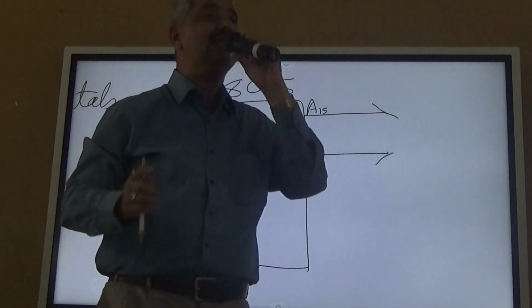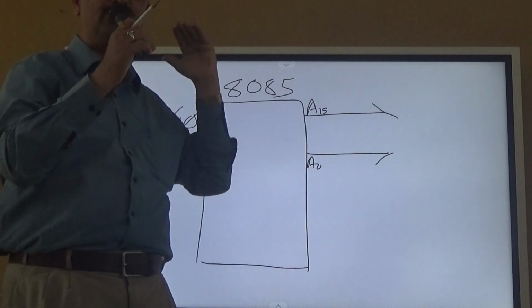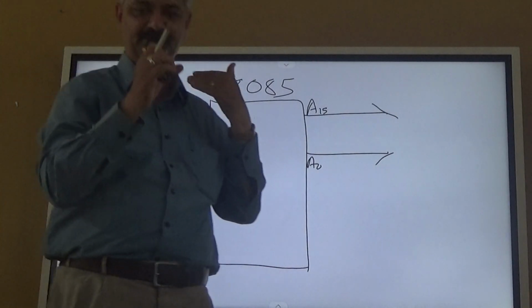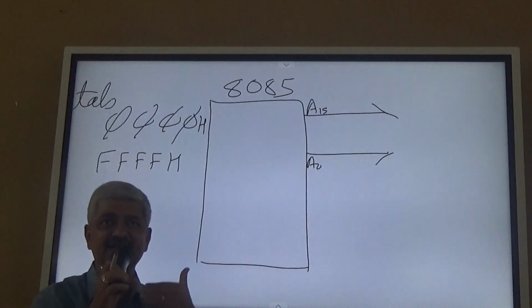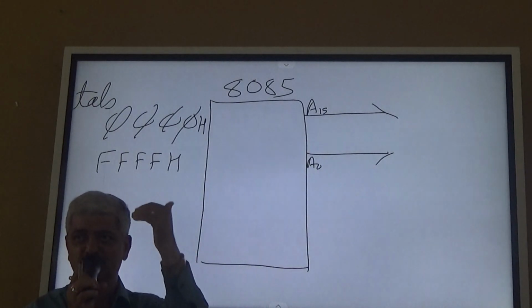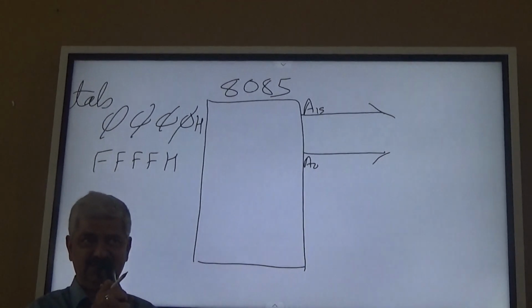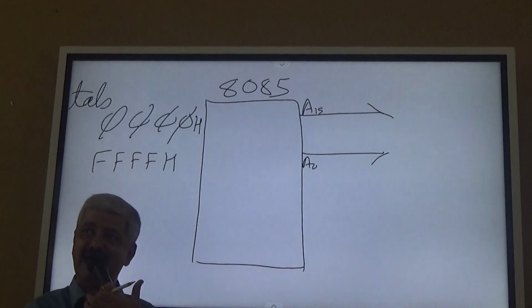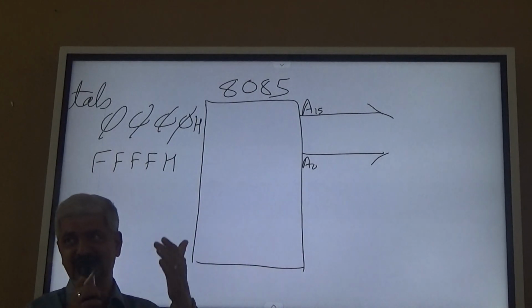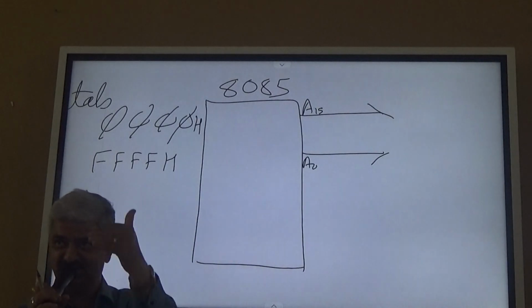Data lines are bidirectional, which means, suppose a teacher is conducting a viva of a student. The teacher will ask the question and the student will answer, so the data flow is bidirectional.